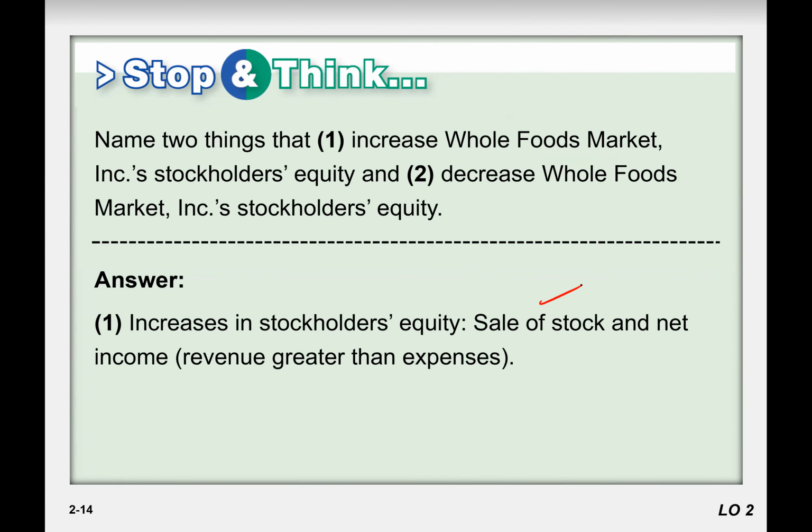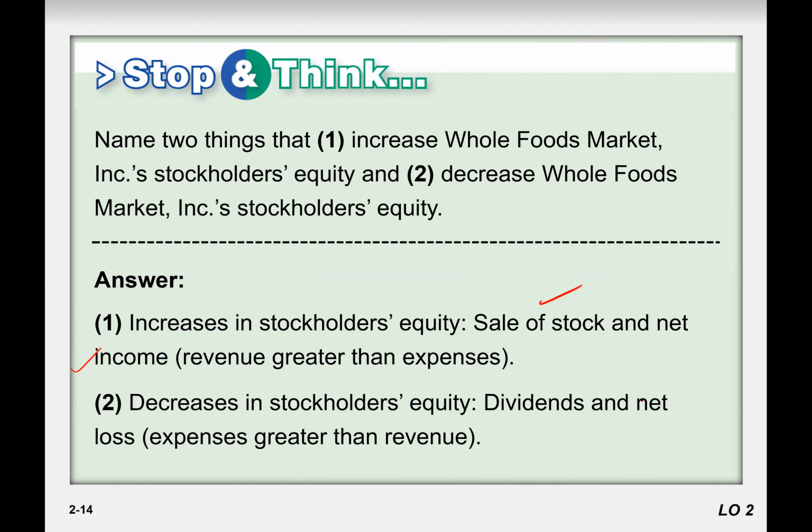Increase in sales, increase in income also increases the shareholder equity. And our decrease, which means dividend or loss. How does loss occur? If expenses start increasing. So any question up till now?